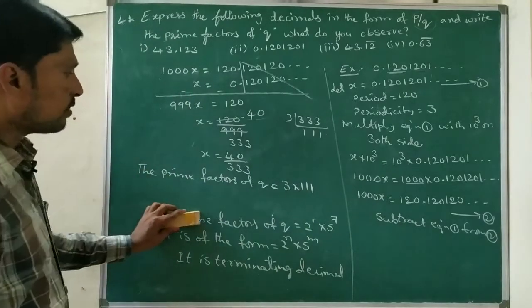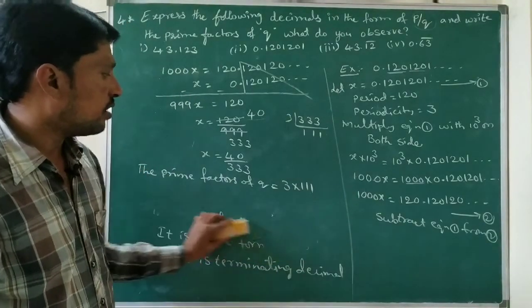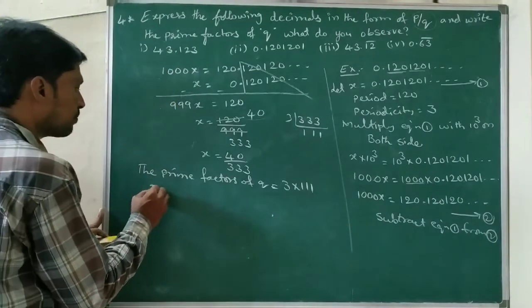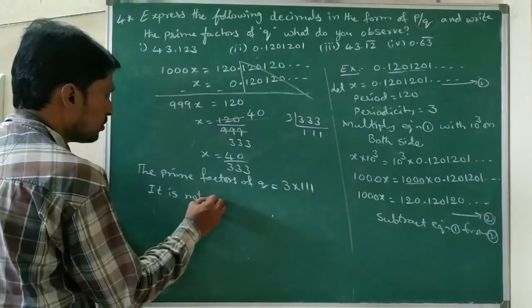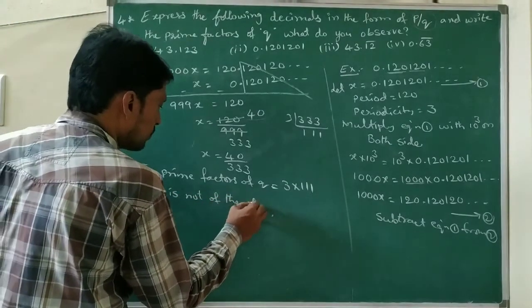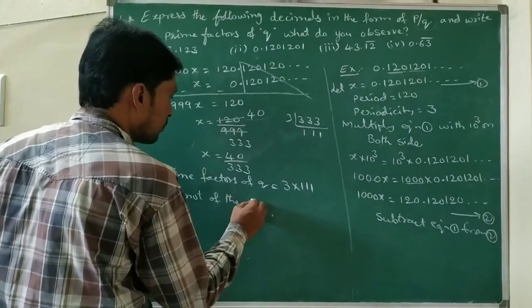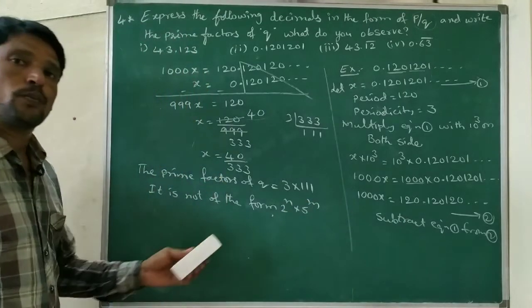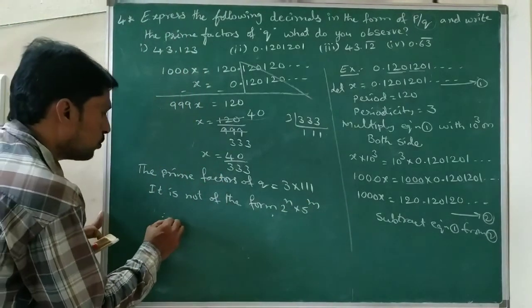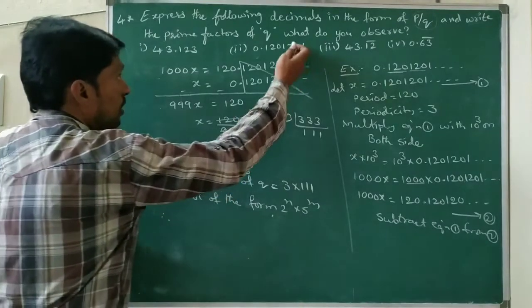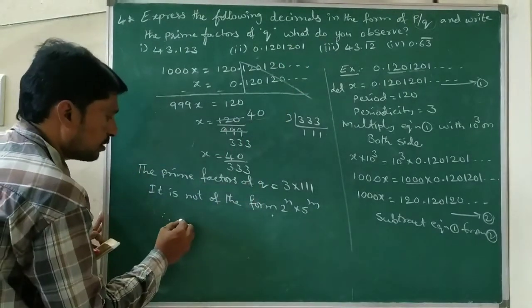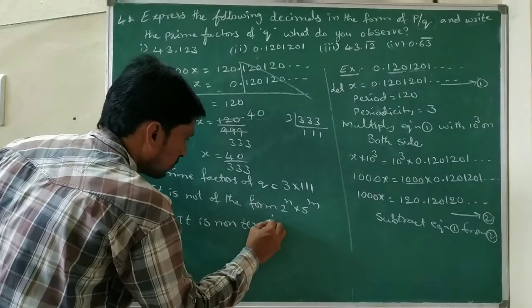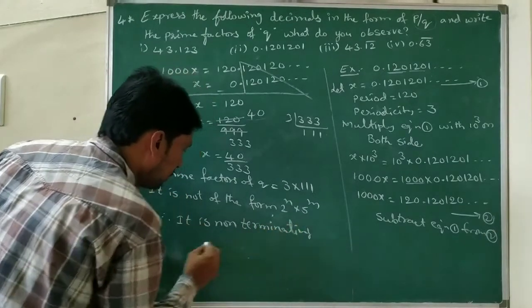So is it of the form 2 power n into 5 power n, or not? It is not of the form 2 power n into 5 power n. Therefore the given number's decimal expansion is non-terminating repeating decimal.